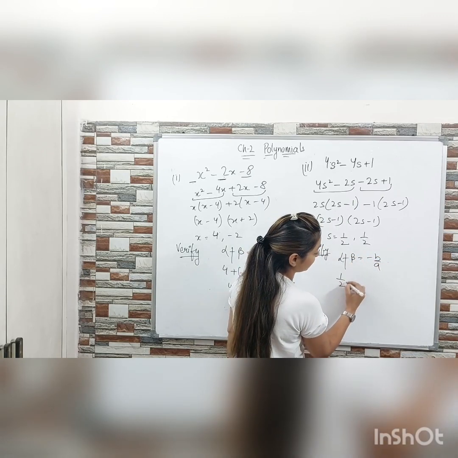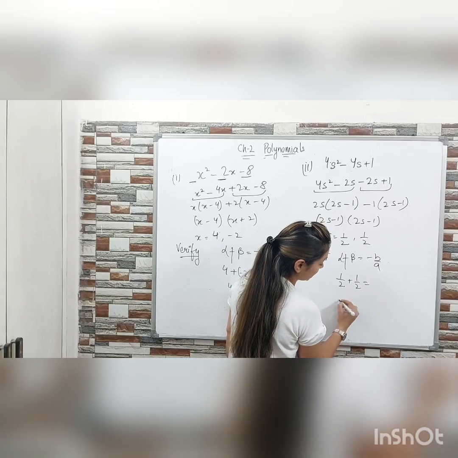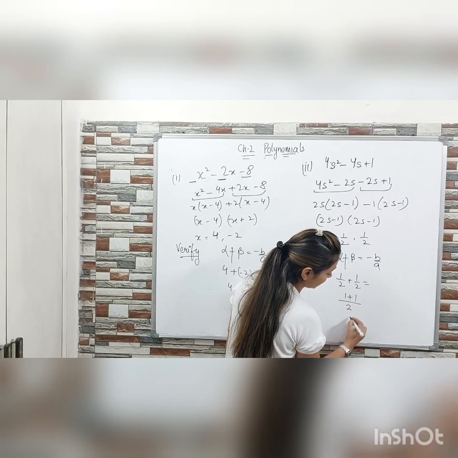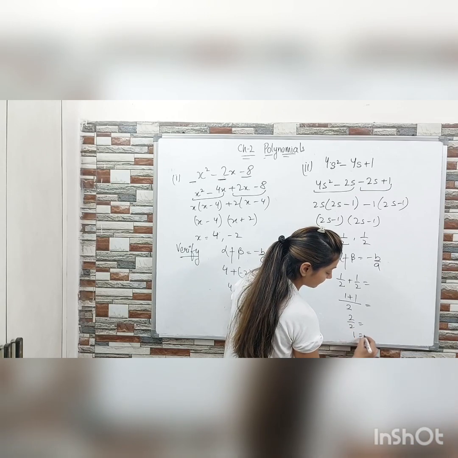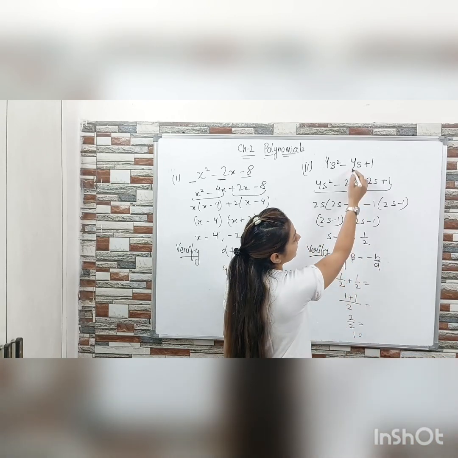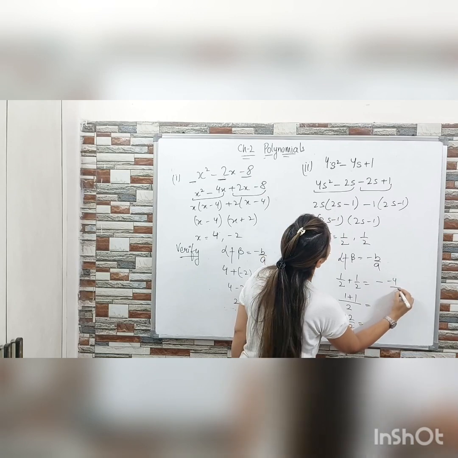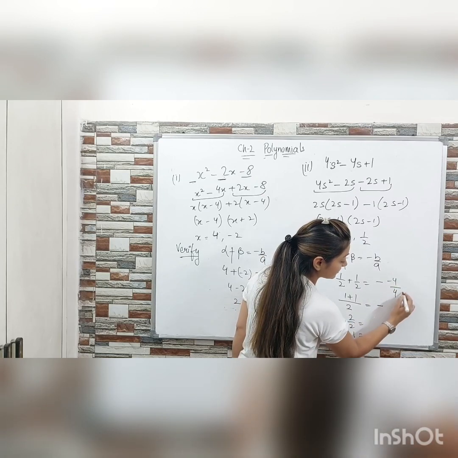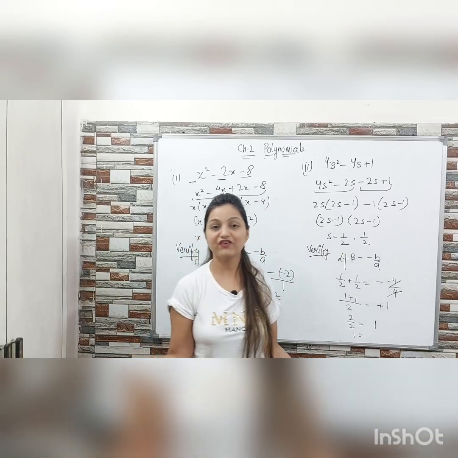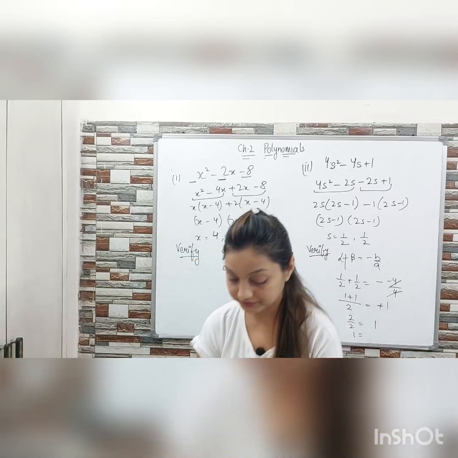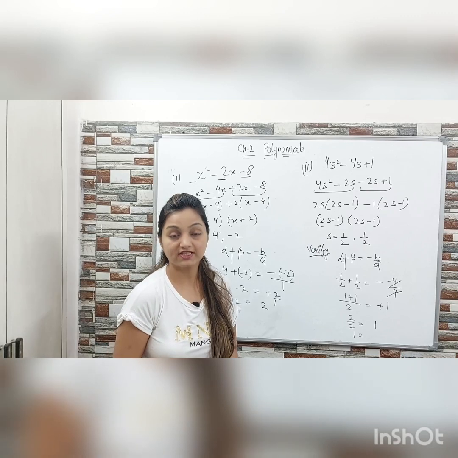Alpha is 1 by 2 plus 1 by 2. Take the LCM, 1 plus 1, 2 upon 2, so the answer is 1. Minus b upon a would be minus minus 4 upon 4, so the answer is plus 1. Verified. Done. Correct.